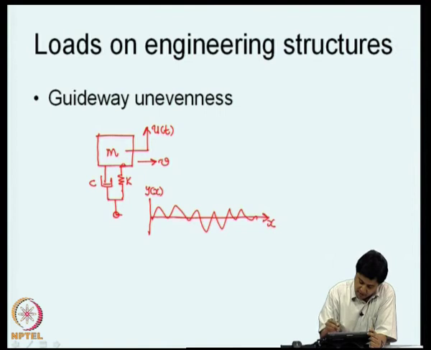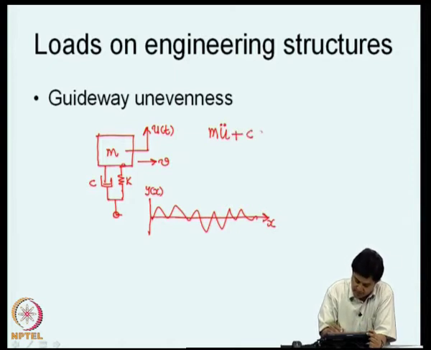Now, if we write the equation of motion for this vehicle oscillation, you can easily imagine that this vehicle will oscillate due to passage over this rough road. So, if we write the equilibrium equation, you can see that it will be of the form, this is the inertial force plus the force in the damper.